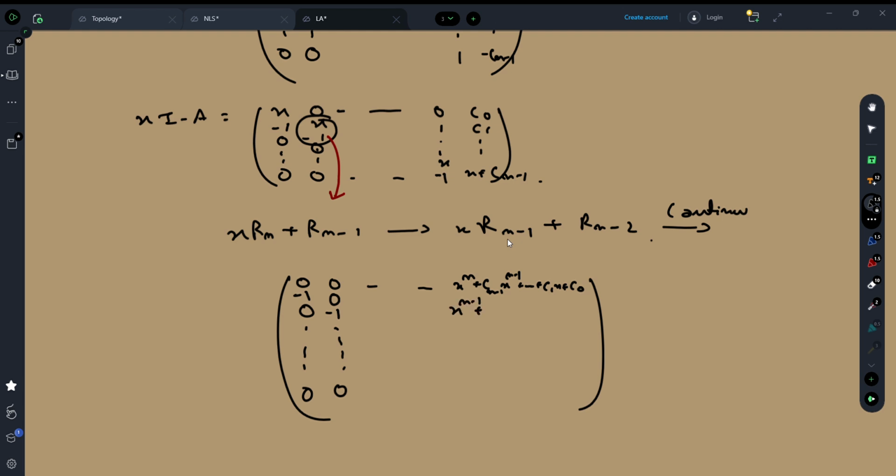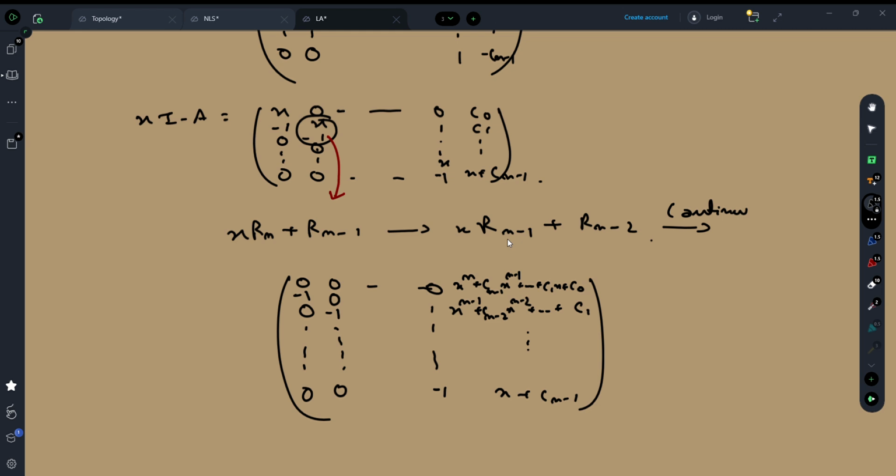Below it you have one degree less, so you have x to the power n minus 1 plus c n minus 2 x to the power n minus 2, and so on till you reach c1, right? And you continue in this process. The last element you have is x plus c n minus 1, right?